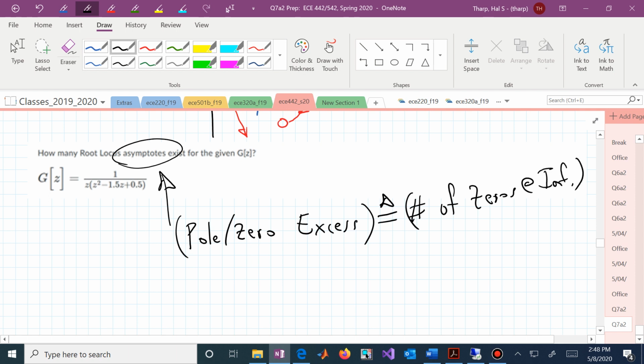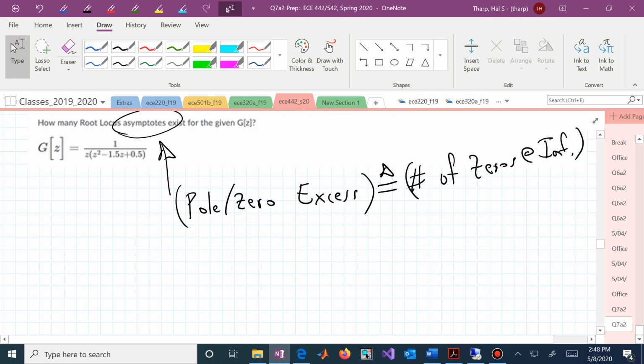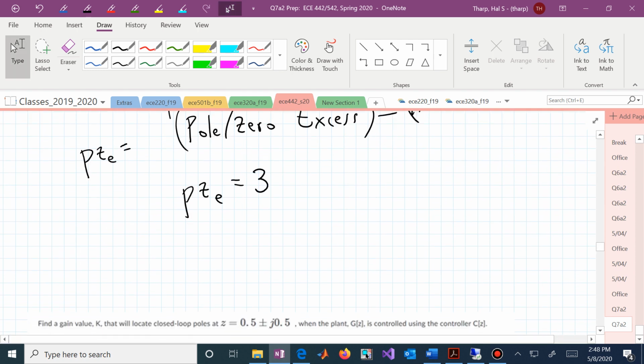In this case, we have no finite zeros. The pole-zero excess, which notationally we've been calling pz sub e, in this case is 3.